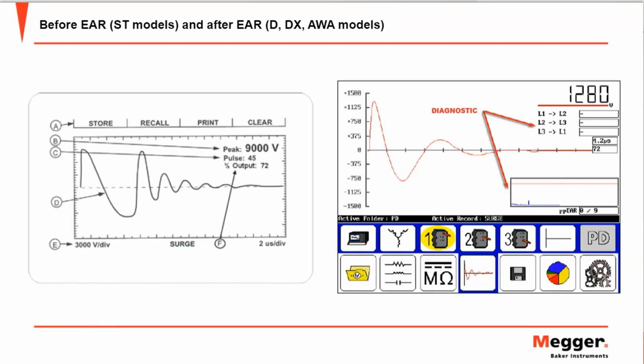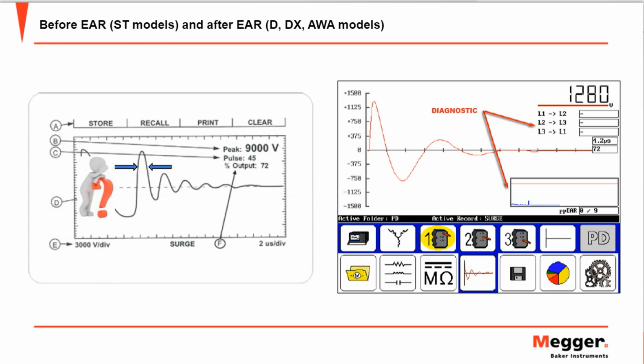So before the invention of the EAR and after the invention. In the ST models, you can see here the waveform, but the operator only has his eyes in order to identify the weak insulation or to match two waveforms overlapping identically.